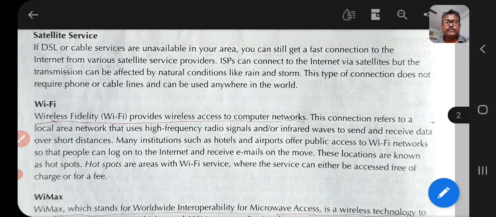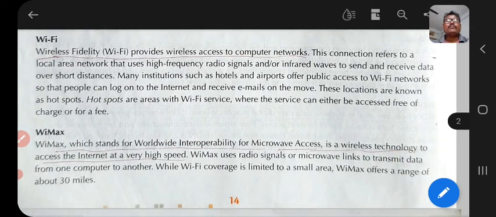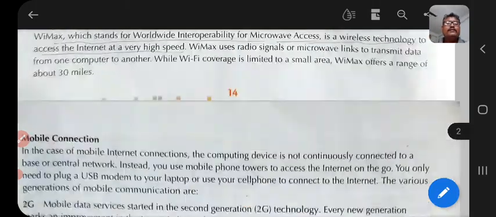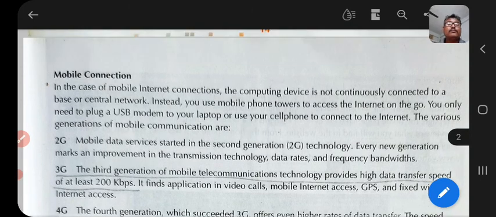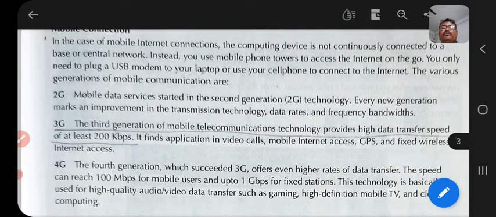Okay, this facility is provided. But bigger than that, WiMAX is quite large in area, larger than Wi-Fi, with high speed also, and a quite huge area, almost about 30 miles. This type of facility is mainly used in metropolitan cities. And after that, which we discussed last, mobile connection, 2G, 3G and 4G.